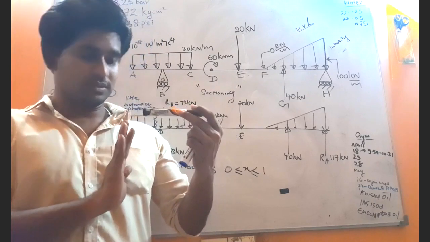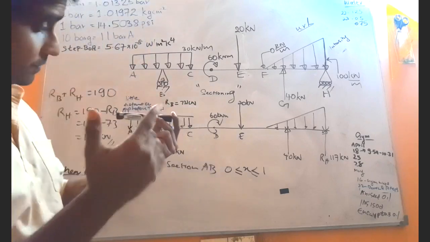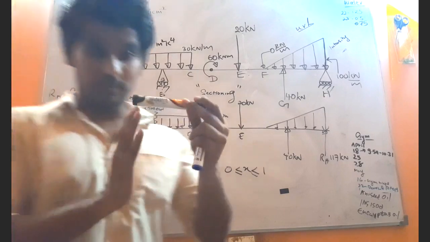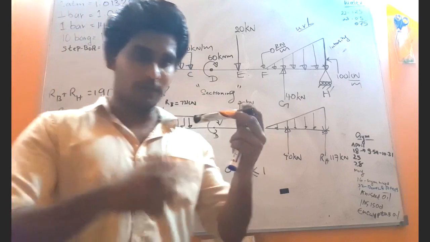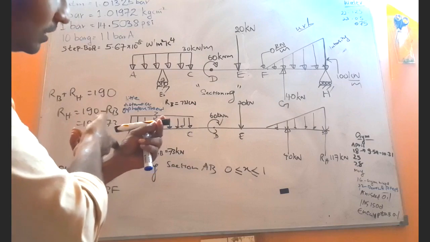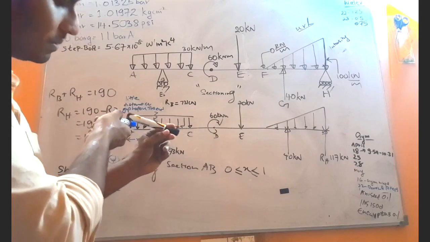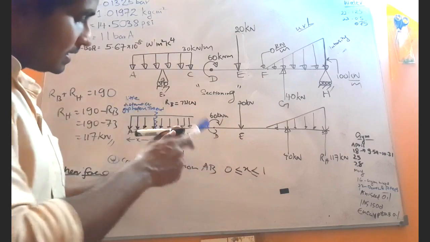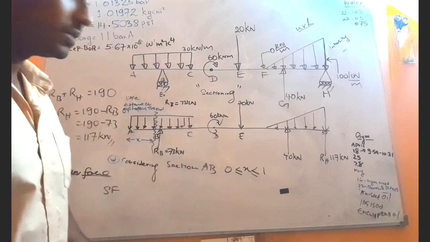If you observe from your side, what is this side? Left side, right? So any force that causes your left side to go up is what we call positive shear, right?